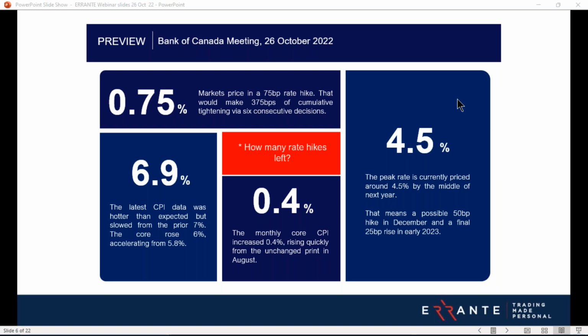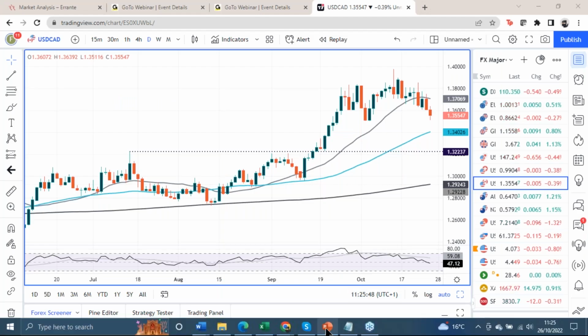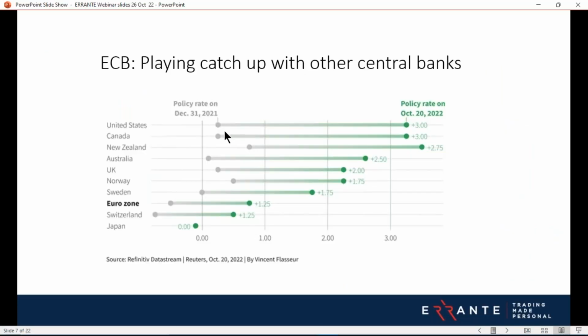Okay, next up is the ECB meeting, which we shall preview. Firstly, we can see the ECB playing catch up with other central banks. They're trying to stem rampant inflation just below 10%, 9.9% in the last Eurozone CPI print.